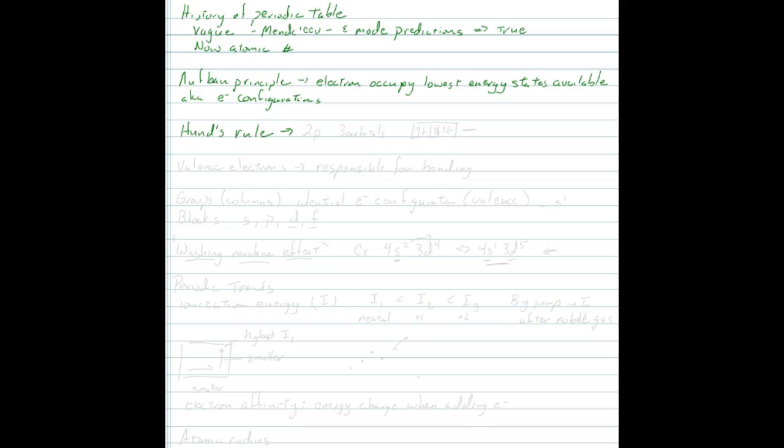So if you have, say, the p orbitals, there are 3 orbitals in there. One electron will go into each of the 3 orbitals first before coming back and filling up.